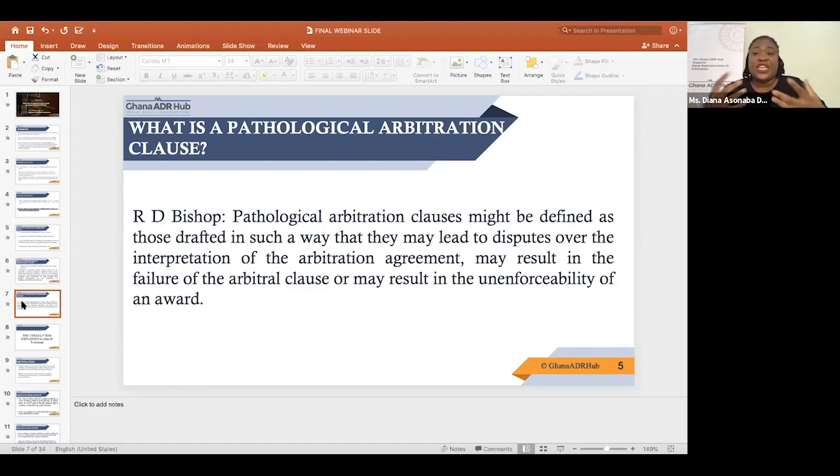Assuming an interpretation is given to the arbitration clause to enforce arbitration, you may still have an issue at the stage of enforcement due to the pathological nature of it, where the enforcement tribunal is of the opinion that the arbitral tribunal was not properly constituted or did not have jurisdiction. That is why it's important that even if you're able to surmount the difficulties with the interpretation, you may still come back to those difficulties at the stage of enforcement.